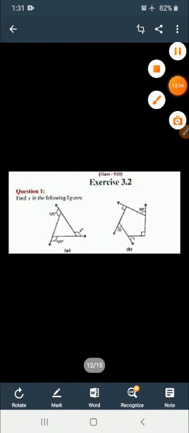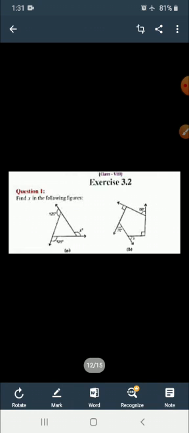Next one, here he asked us to find x in the following figure. Before solving it, I would like to tell you the sum of exterior angles of any polygon. Let it be a triangle, a quadrilateral, or a pentagon, the sum of all the exterior angles should be equal to 360 degrees.